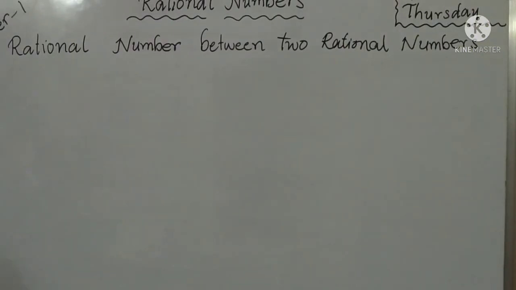Next topic is rational numbers between two rational numbers. It is the topic of rational numbers between any two rational numbers.